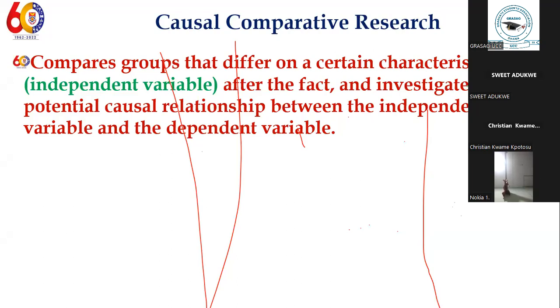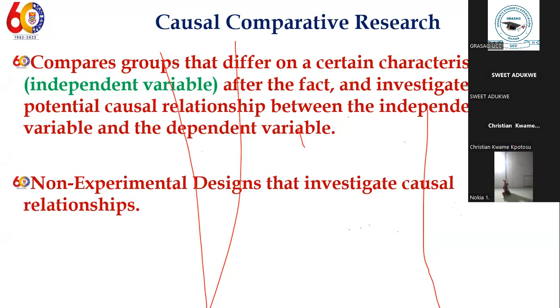You don't have to introduce some people to receiving incentives and take out incentives from others. So causal comparative is also non-experimental. Again, I've also said it. They are non-experimental designs that investigate the causal relationship between groups on a particular dependent variable.